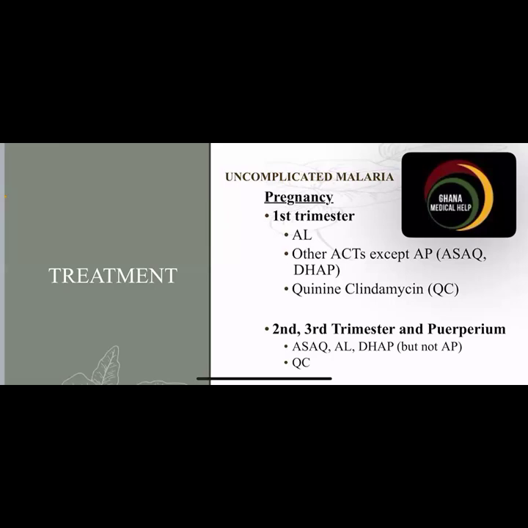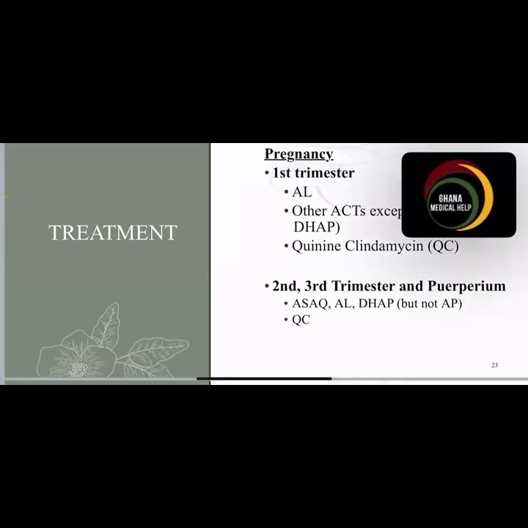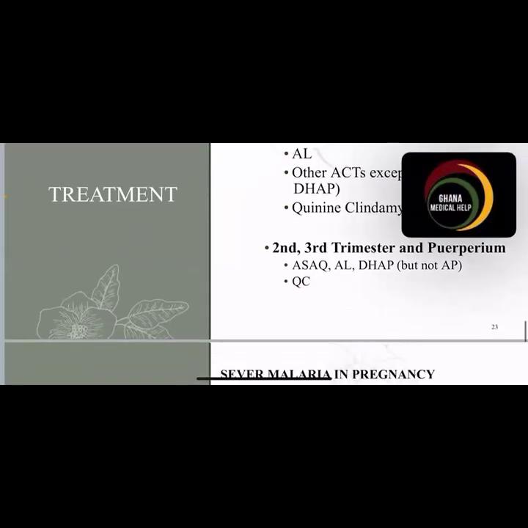So they realized that for malaria to be tackled very well, you have to use the ones that people tolerate. Pregnant women can tolerate it, everyone else can tolerate it, and it's readily available with fewer side effects, so that it's safe for people to take. And that was why they reverted to us using it across all trimesters. So, like I said, artesunate amodiaquine, artemether lumefantrine, dihydroartemisinin piperaquine, and then quinine clindamycin.